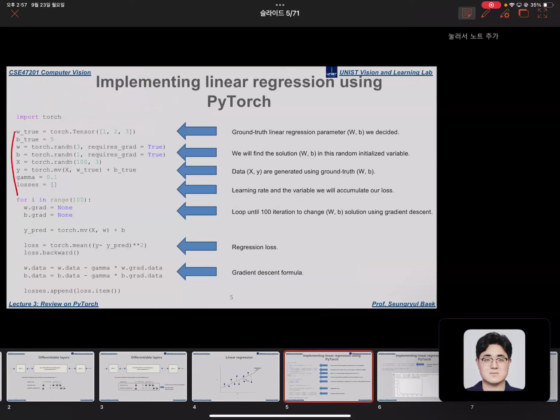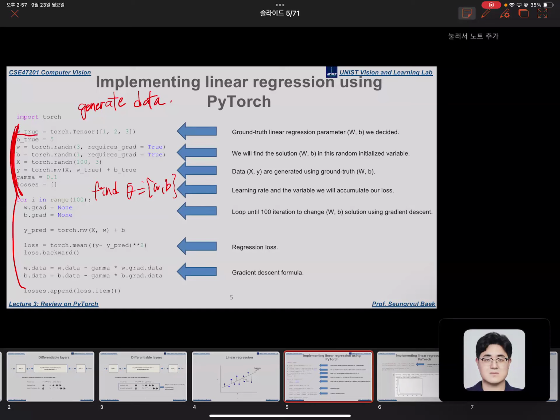In this part, we will generate data first, and in this part, we will find our vector, which is W and B. I will explain this first.